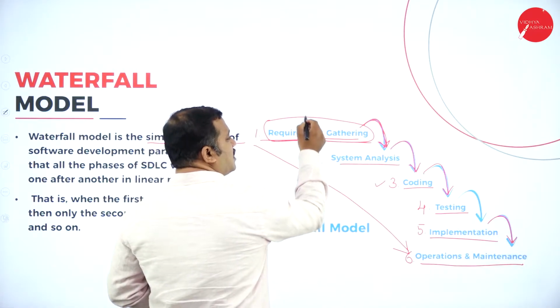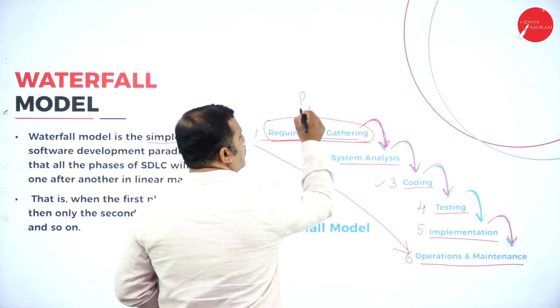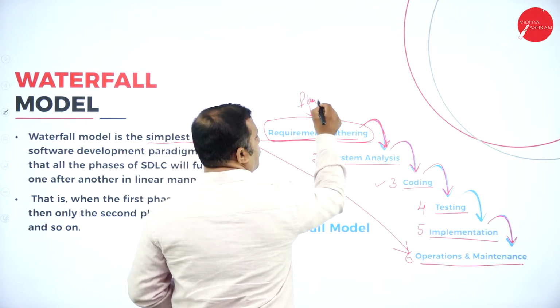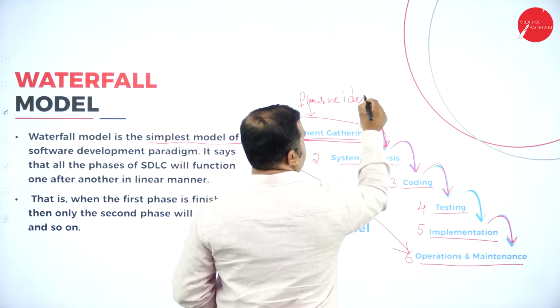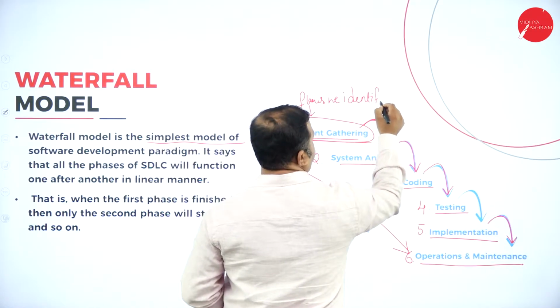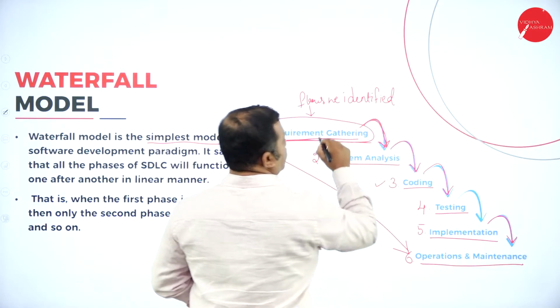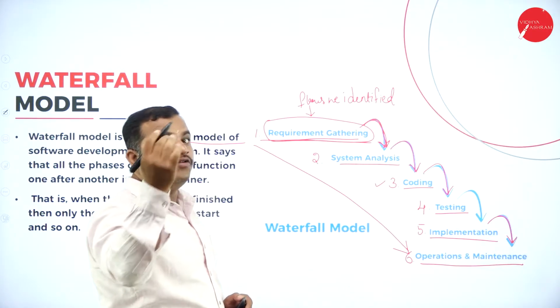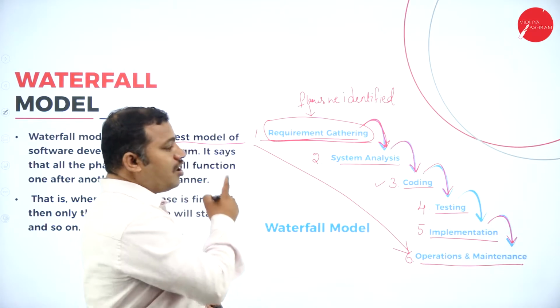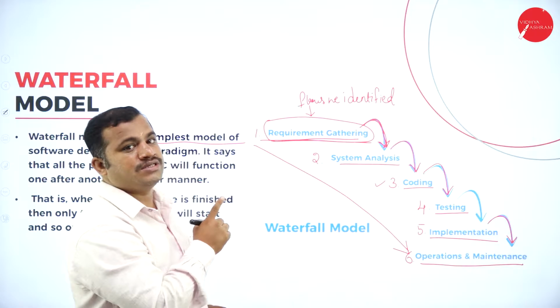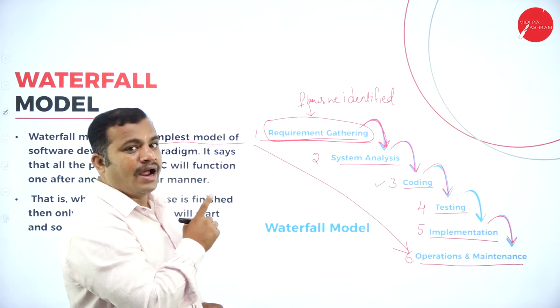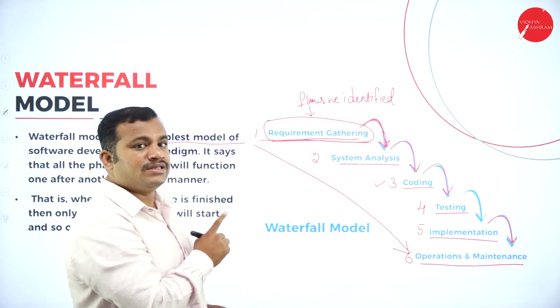Suppose we identify any flaws in the first phase, we cannot move forward until the flaws are resolved. That is, the resolution of flaws is to be identified and completed successfully in the same phase.